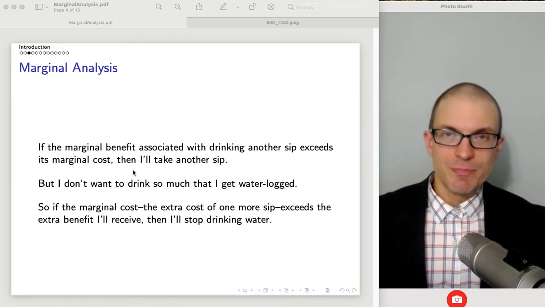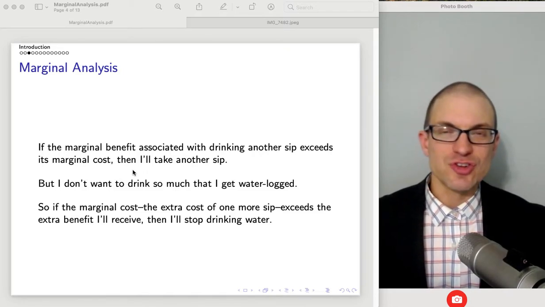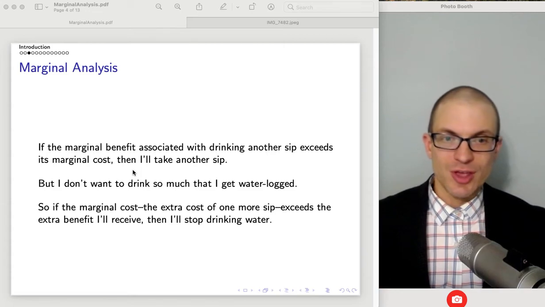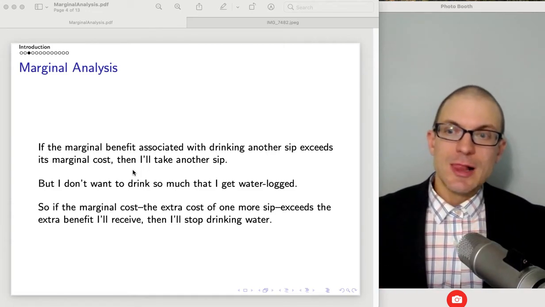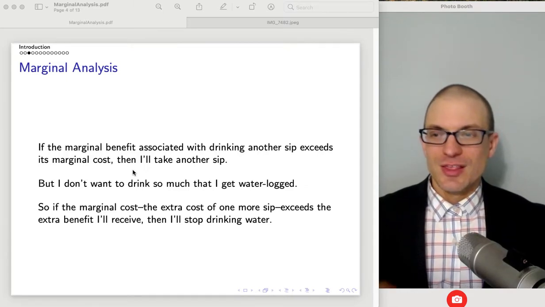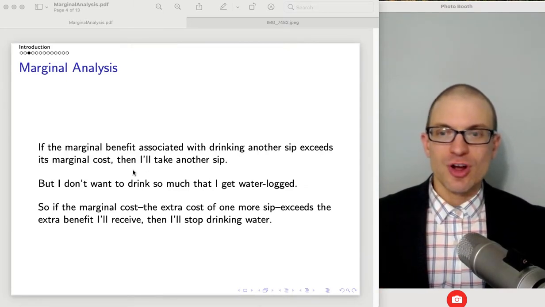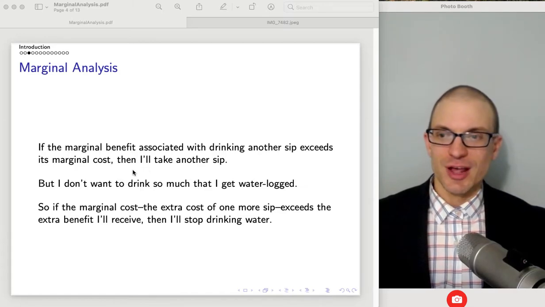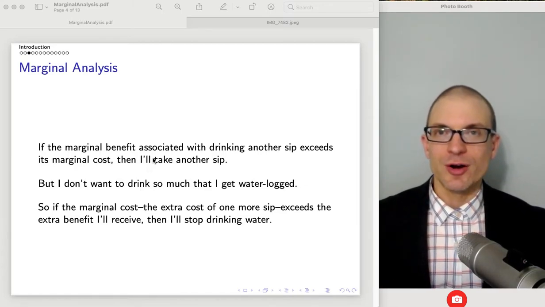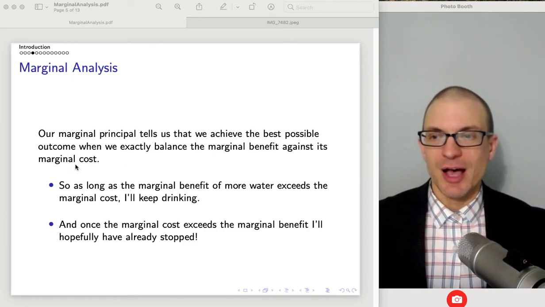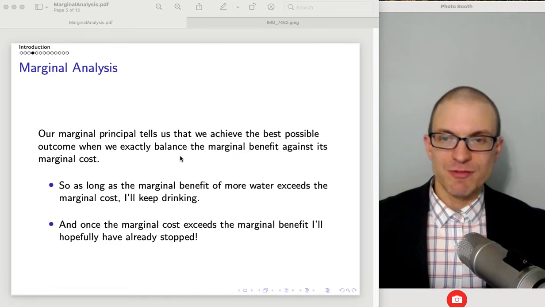Right? If the marginal benefit associated with drinking additional water exceeds the marginal cost of another sip, then I'll take another sip. But I don't want to keep drinking so much that I get waterlogged, right? If the extra cost of drinking an additional sip of water exceeds the extra benefit that I'll receive, I stop drinking water. Our marginal principle is telling us we achieve the best possible outcome when we exactly equate the marginal benefit against its marginal cost.